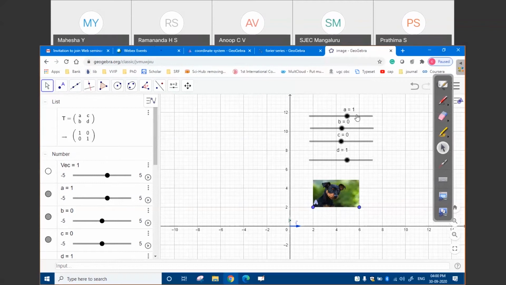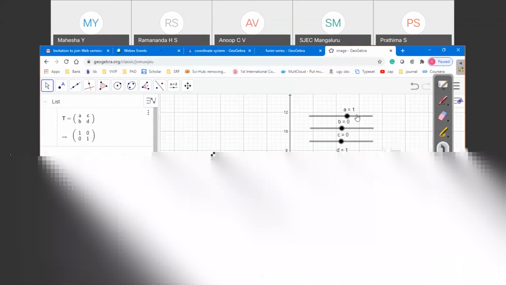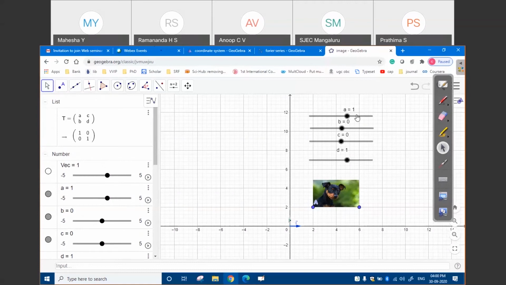Now, when A is equal to 1, B is equal to 0, C is equal to 0, and D is equal to 1, this is the identity transformation. Transformation means that the same image as the original is obtained here.